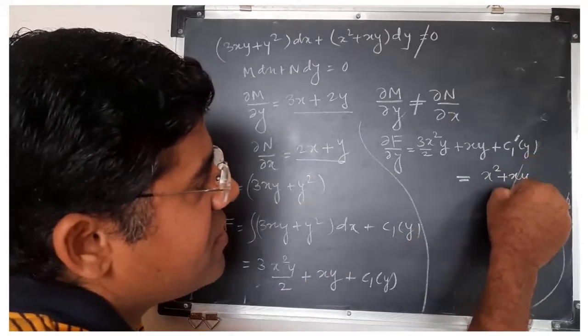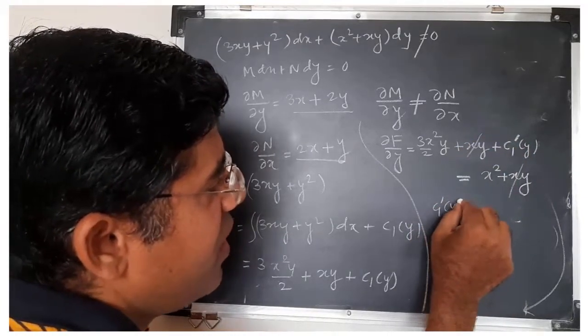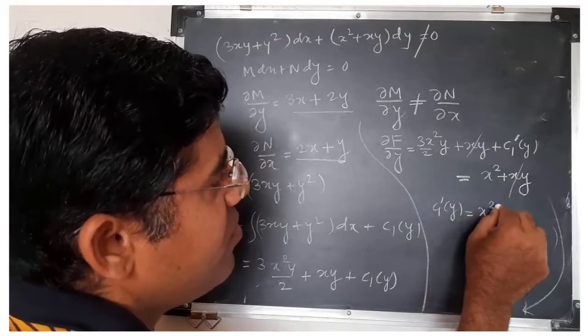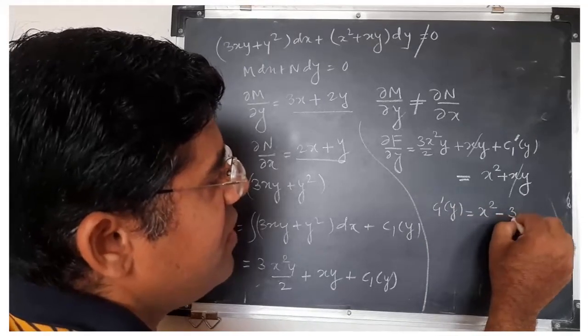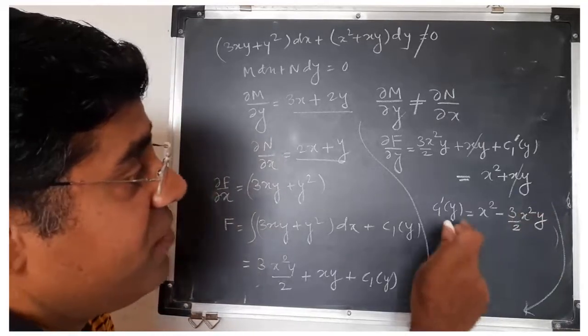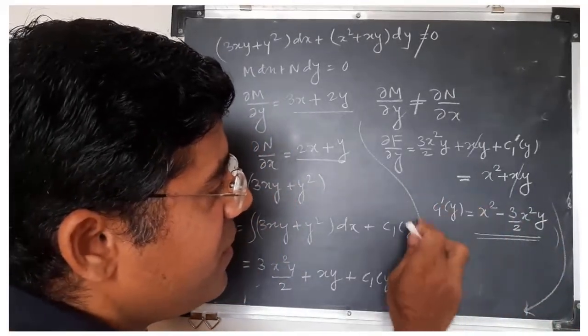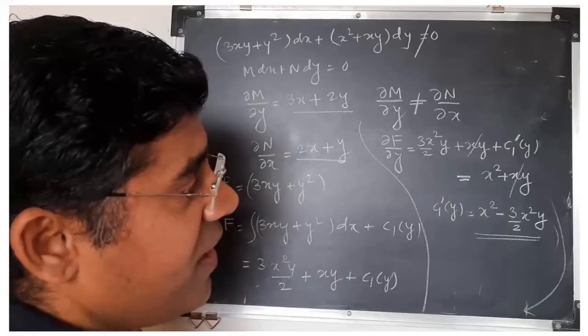Here this will cancel, so c1 dash y is x square minus 3 by 2 x square plus... The given term is not free from x, and it should be a function of only y.